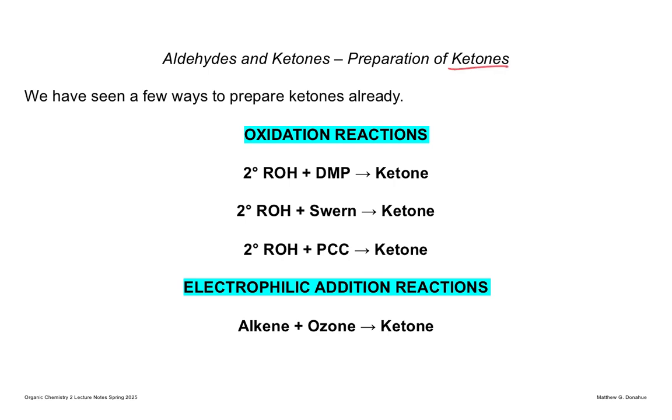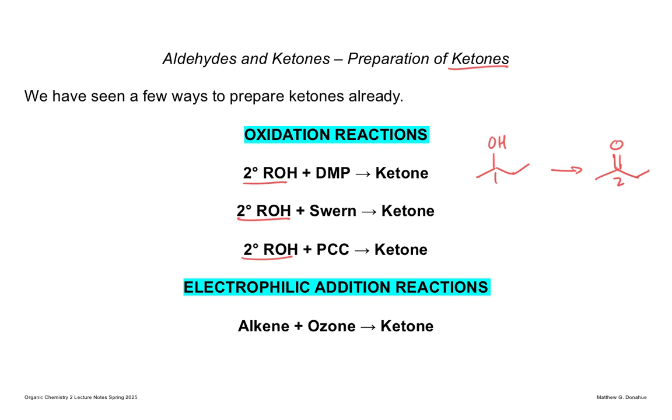So for ketones, now the starting material is a secondary alcohol. So if we wanted to make that butanone, we would start with 2-butanol. And again, that's a one-stage oxidation. So it's got to be a secondary alcohol to make a ketone.